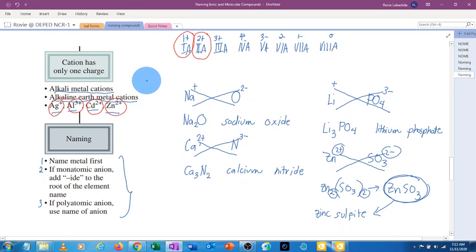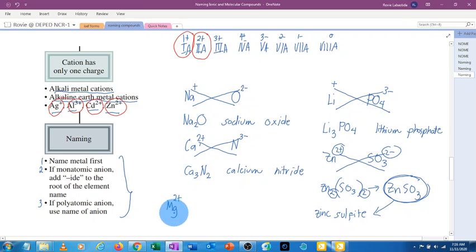Alright. So therefore, for you not to be confused, what we mean by has only one possible charge, let me give you an example. For example, magnesium. Magnesium can be found in group 2A. So therefore, the possible net charge for magnesium when it forms its ion is only 2 positive.